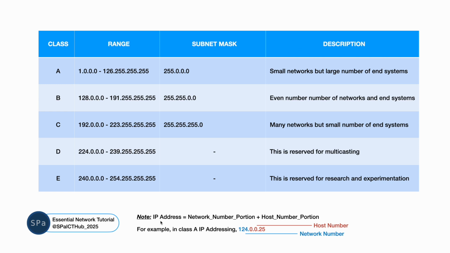Class B: even number of networks and end systems. Class C: many networks but a small number of end systems. Class D is reserved for multicasting. And class E is reserved for research and experimentation.